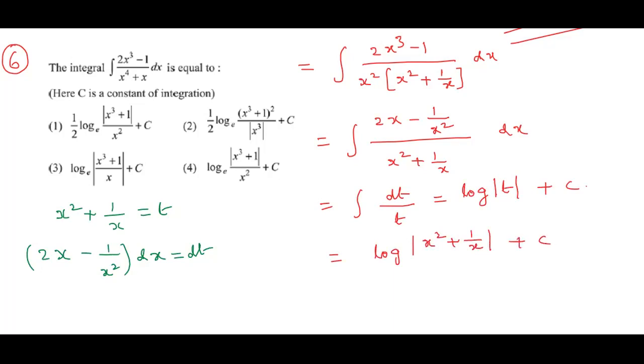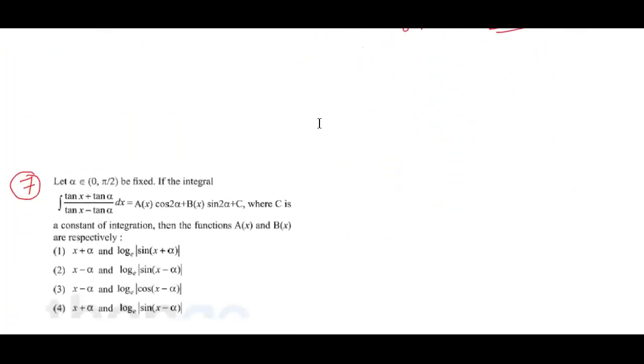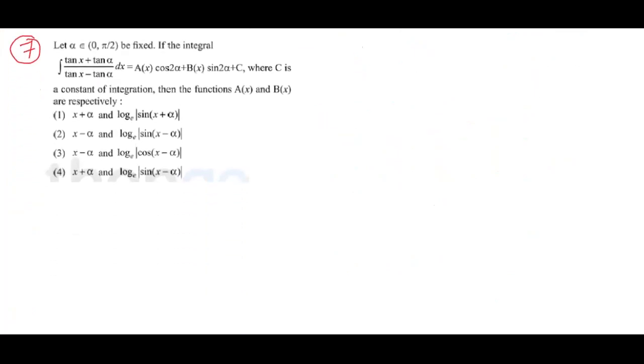Do some calculations here: logarithm of modulus x cube plus 1 divided by x plus c. This is the answer. Observe the options. Which option is correct? Third option is correct. This is also a very easy question.